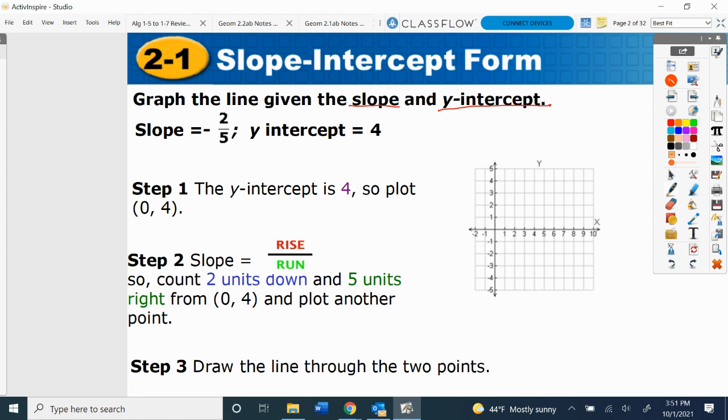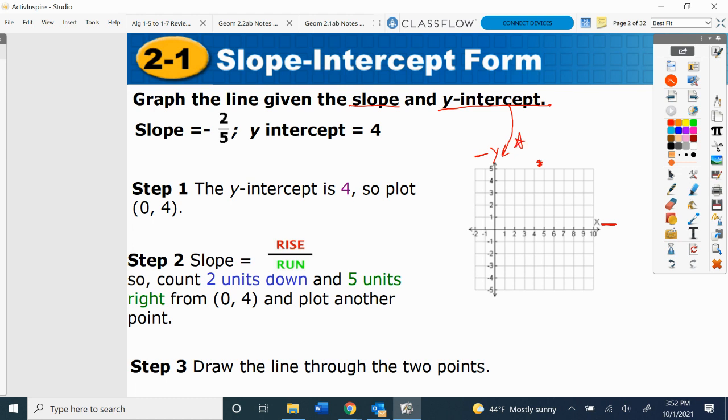And then our y-intercept, this y should be right there because there's our y-axis. Our y-intercept would be where on the y-axis our line crosses it. Down here we got our x-axis, up here we have our y-axis. We want to know where on the y-axis it is going to cross.